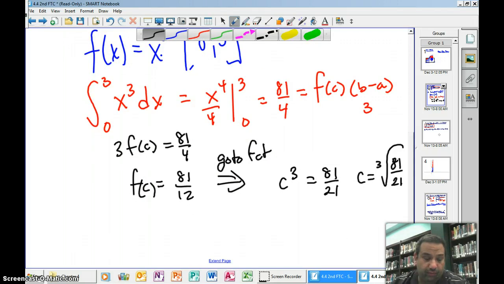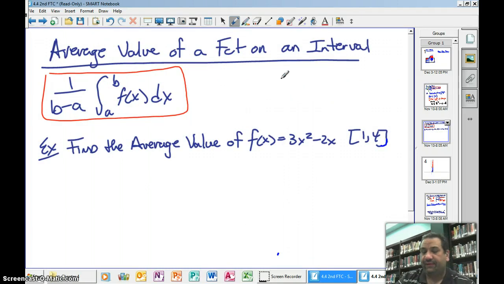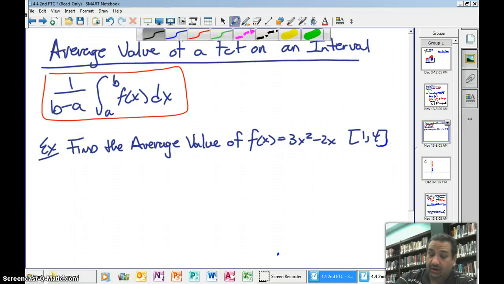Next, used more, is the average value on an interval. This is the average value of a function on an interval, and it's just the integral, but with 1 over b minus a in front. So if we try to find the average value of this thing on 1 to 4, let's just plug and chug. This is not very hard at all.